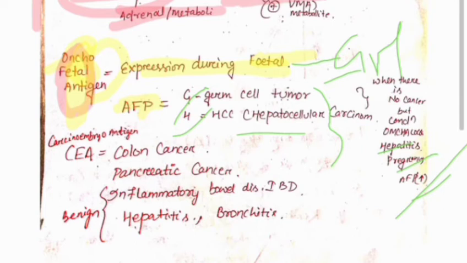Now carcinoembryonic antigen, which is related to colon cancer and pancreatic cancer. You can remember by CEA: C for colon cancer, E for pancreatic cancer. In benign cases like inflammatory bowel disease, IBD, hepatitis and bronchitis, the CEA level also increases.